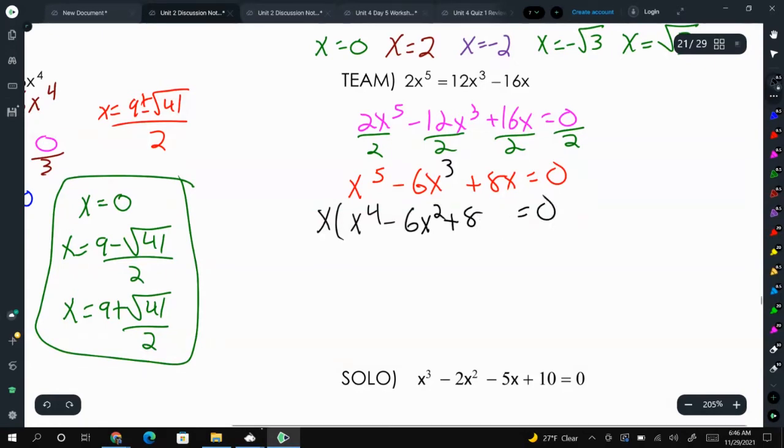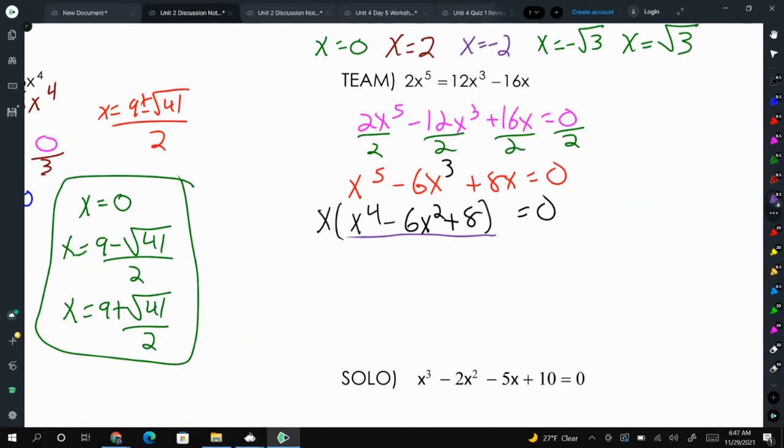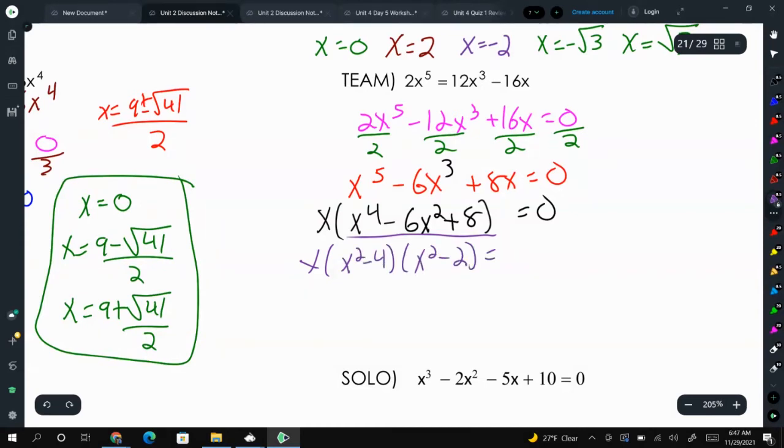Now we can see if we can factor this. Are there two numbers that multiply to positive 8 but add to negative 6? There are. We have negative 4 and negative 2. This is a difference of squares.